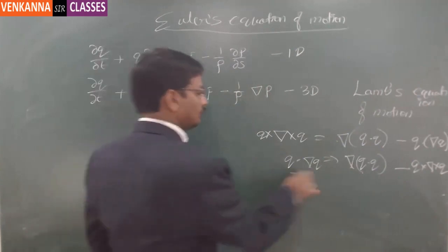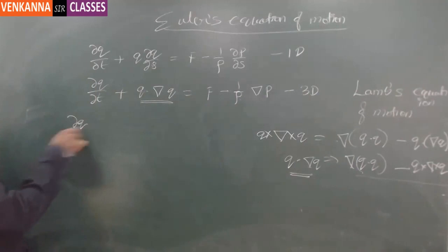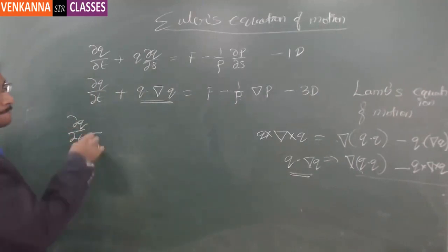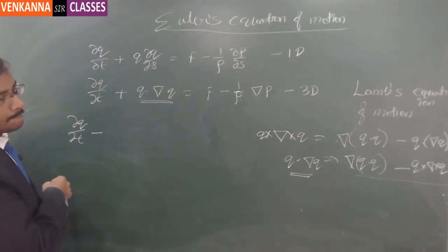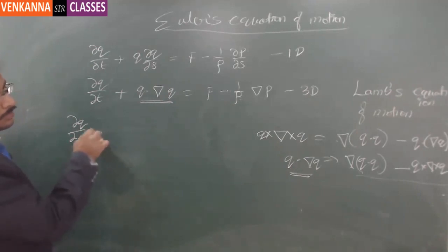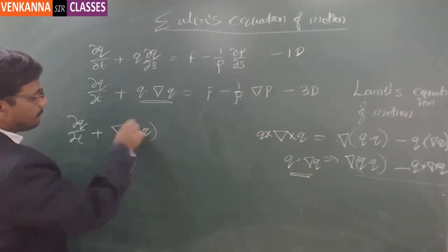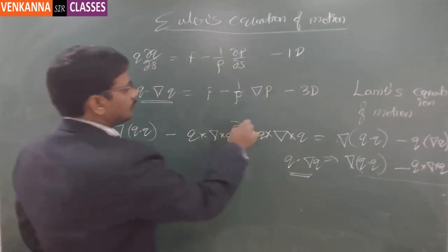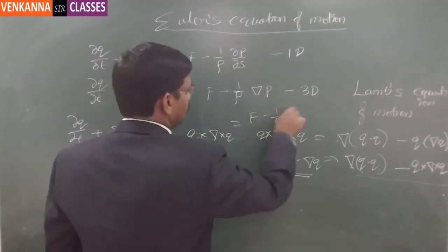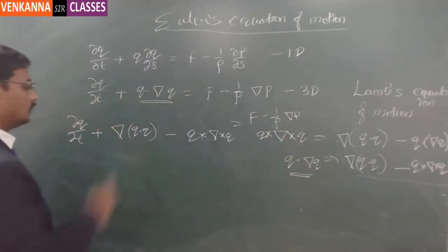Now q dot del q can be replaced, so we get dou q by dou t plus del of q dot q minus q cross del cross q is equal to f minus 1 by rho into del p. So this is q square.